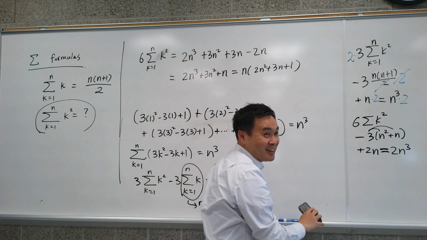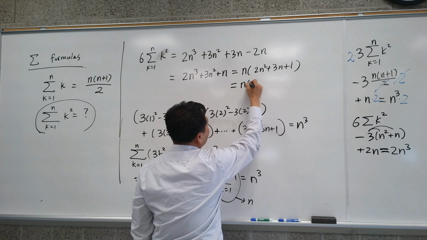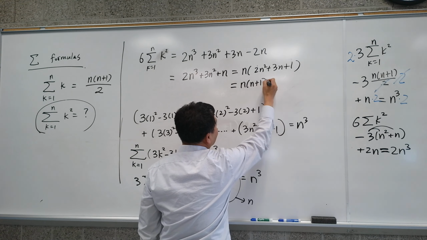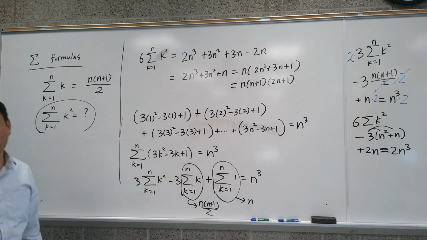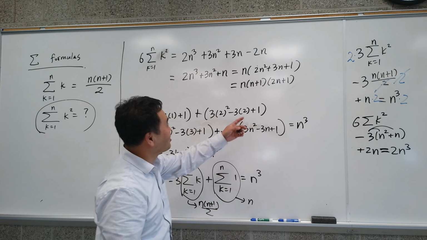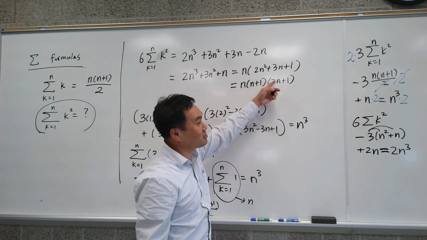And if you did the process, you'll see that this gets factored as n times n plus 1 times 2n plus 1. I'm not going to be asking you to factor this during an exam, so don't worry about that. So if you factor this, it does become this. And therefore, if I just want this, what should I do? Divide by 6.